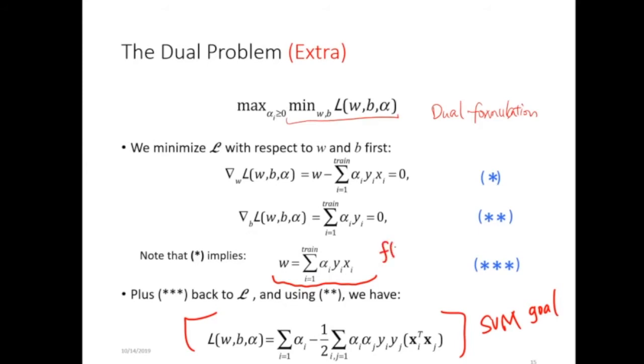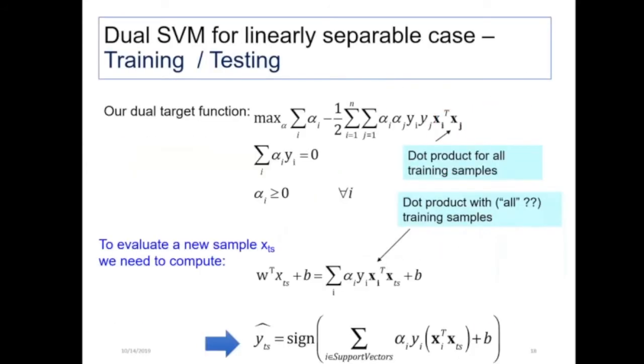Our prediction is f of x equals sign of w transpose x plus b, for maybe an x test. Very simple. You substitute the w in here, and what you get is the summation of all the alpha i y i x i, transposed with the specific test sample, which is exactly here.